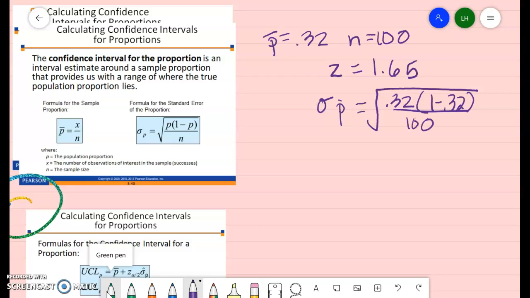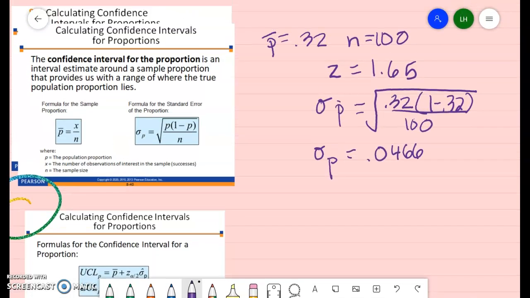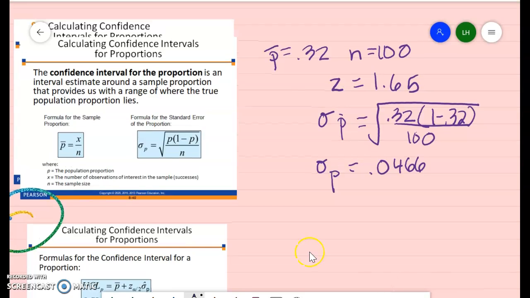We're going to divide by 100, and we're going to take the square root of that, and your standard error of your proportion, we're going to round it to, I believe, 4 decimal places. All right. Now, once you get your standard error of your proportion and you have your z value, you are ready to calculate the confidence interval.